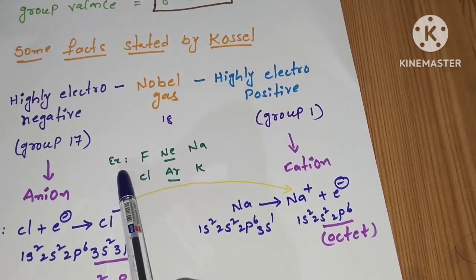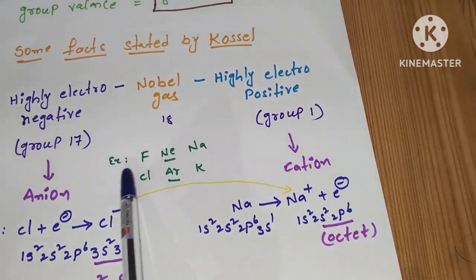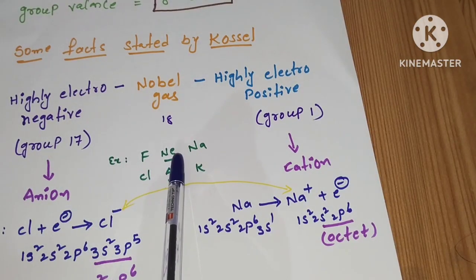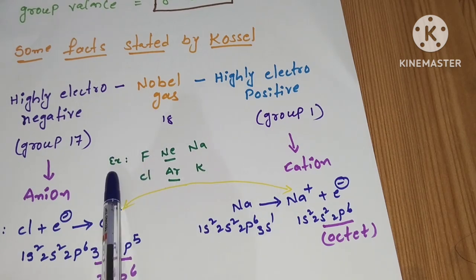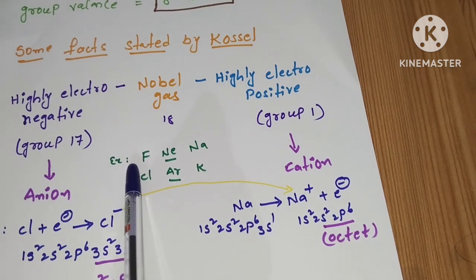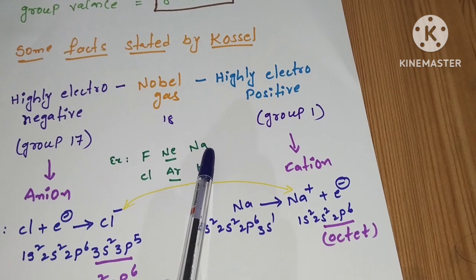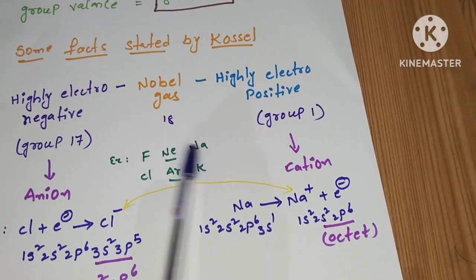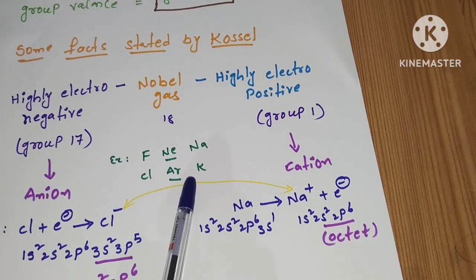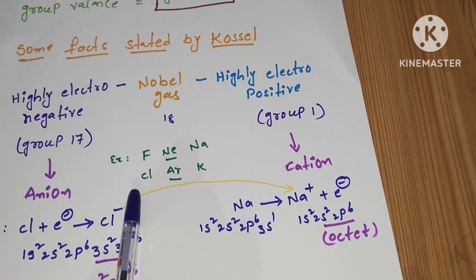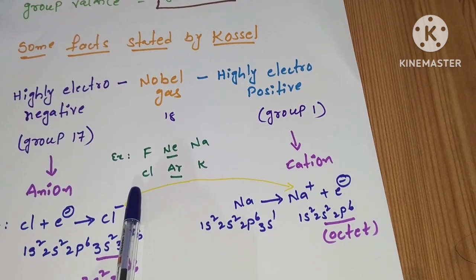For example, fluorine comes after neon and sodium comes after neon. Fluorine is electronegative and sodium is electropositive. These are separated by the noble gas neon. Similarly, potassium and chlorine are separated by argon.